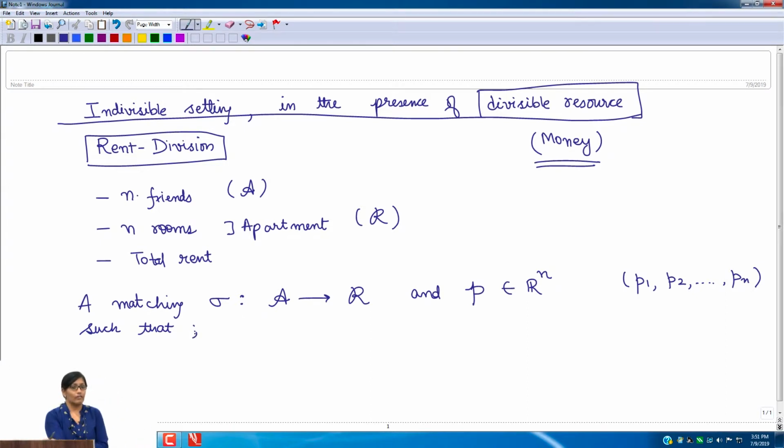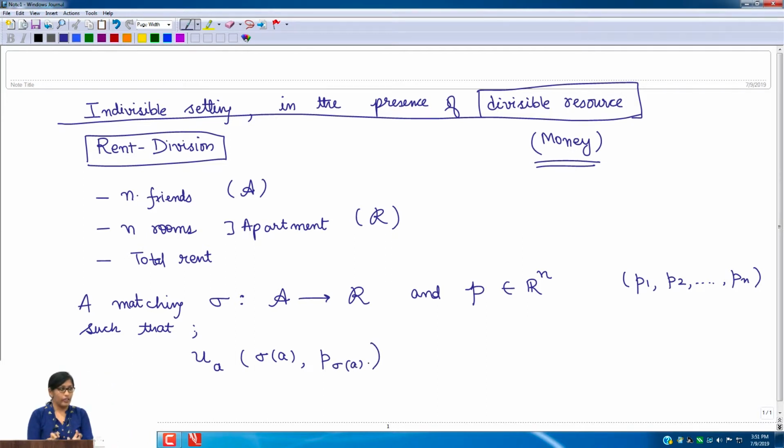For achieving envy freeness, I need to define what a valuation function is. In this lecture, I'll denote it by utility, U, because there's money they'll also pay, and therefore what is the utility they're getting out of residing in this particular room. So the utility of agent A for the room he's being assigned, which is sigma(A), and also paying a rent, which is P of sigma(A).